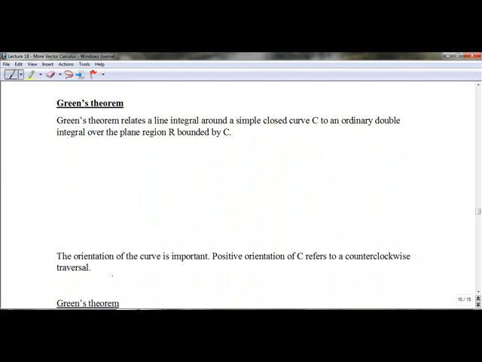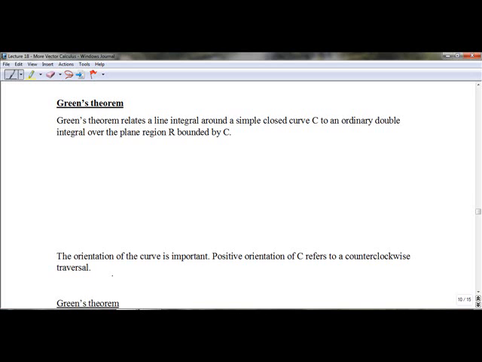Okay. Green's theorem. Green's theorem also enables us to find the line integral of a vector field, and it makes it really easy. But there's one condition.